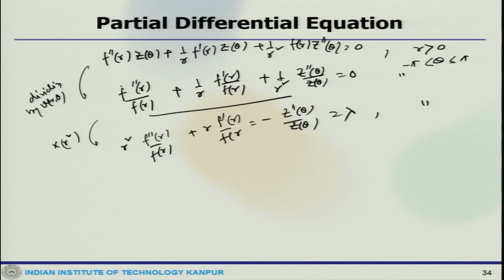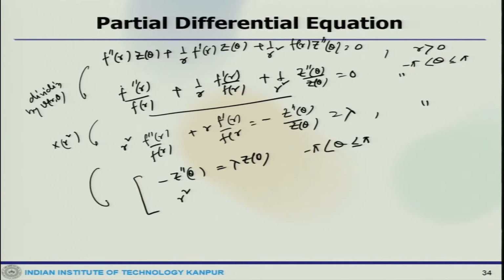So, here we have got everything separated. Now, we got two differential equations, which lead to minus z double prime(theta) equals lambda z(theta) for theta between minus pi and pi, and we got r square f double prime(r) plus r f prime(r) equals lambda f(r) for r greater than 0.